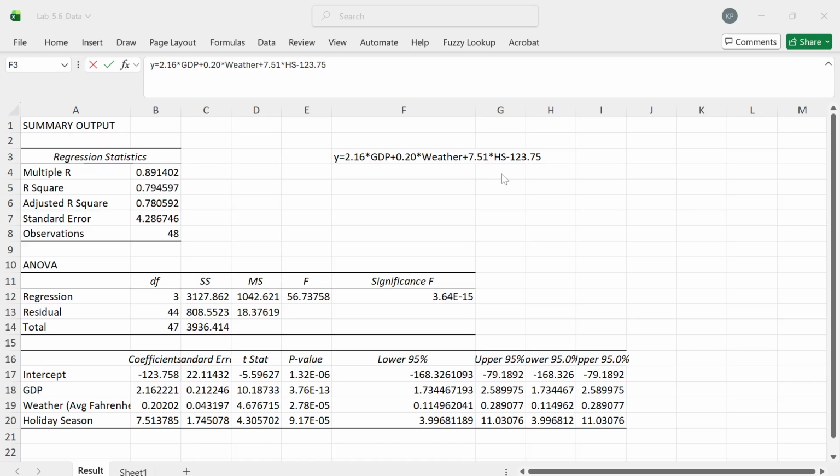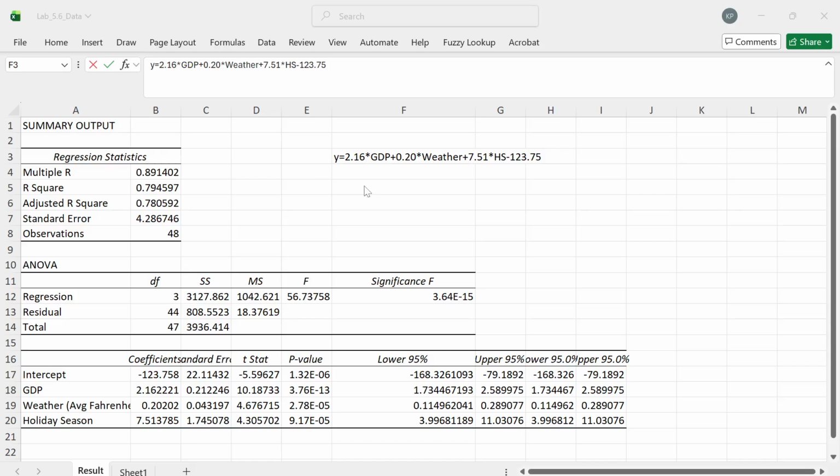And I ask you which month this is about, and you say, for example, January. January HS is 0, and we calculate Y, and we want to predict monthly product demand.